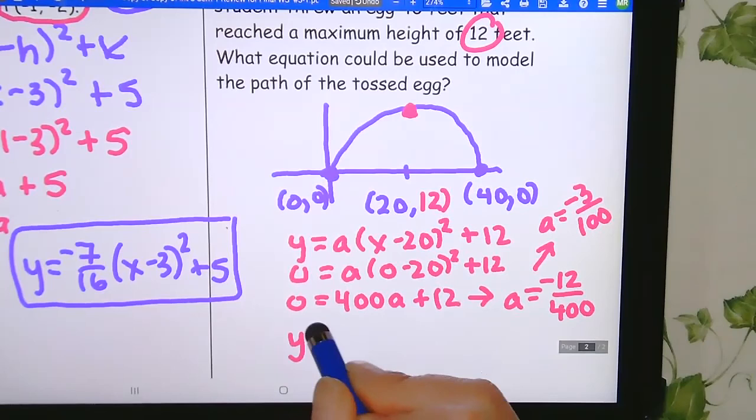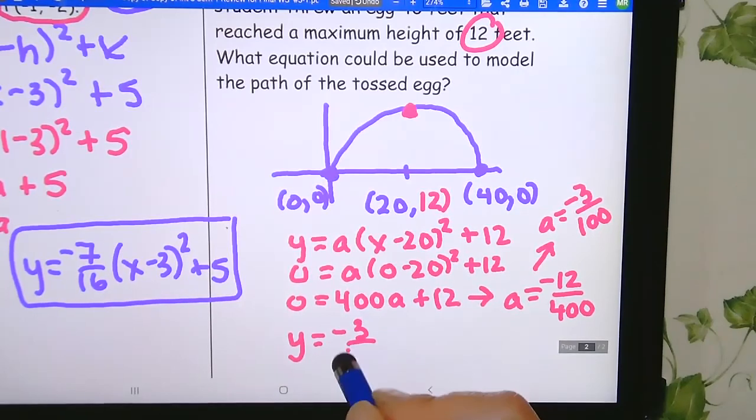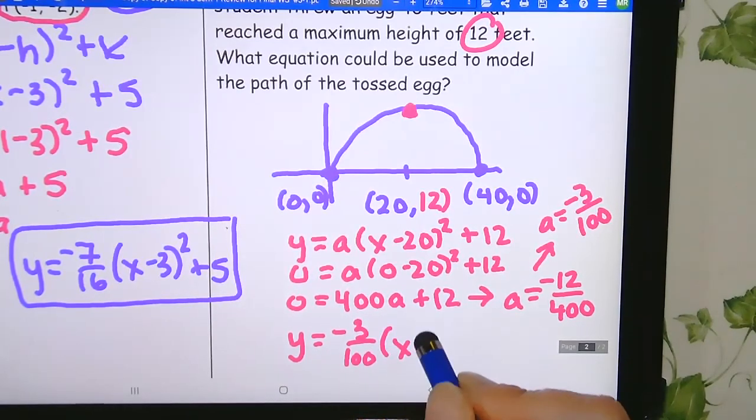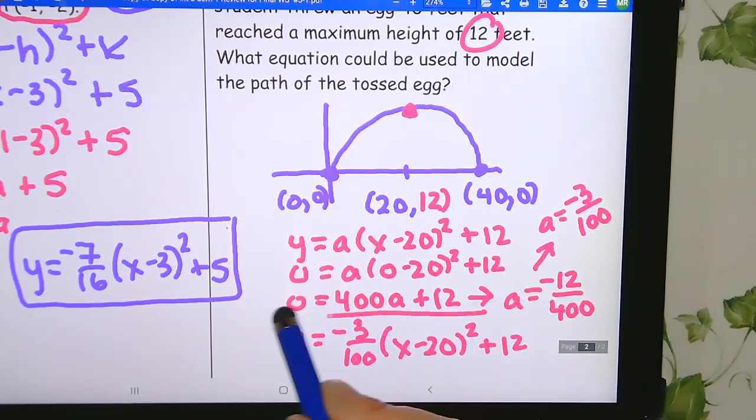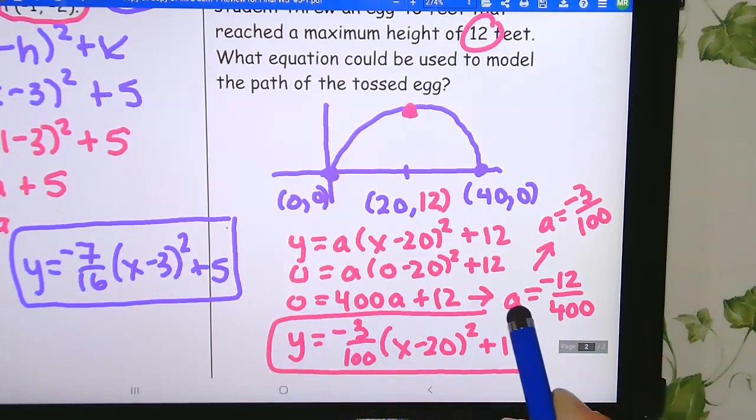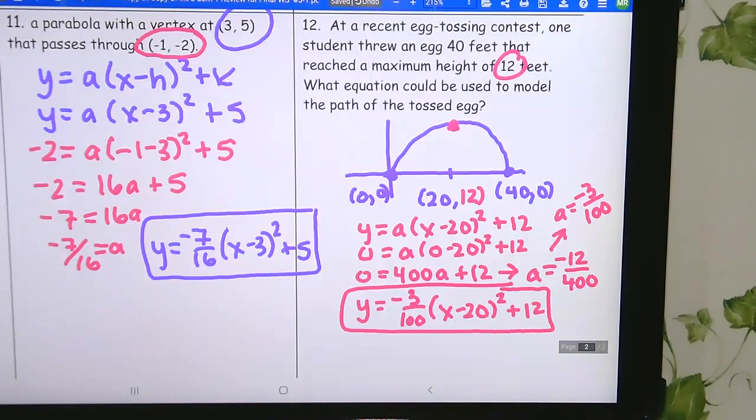So my equation is going to be y equals negative 3 over 100 times x minus 20 squared plus 12. And that is RFF, Review for Final Exam number 3.